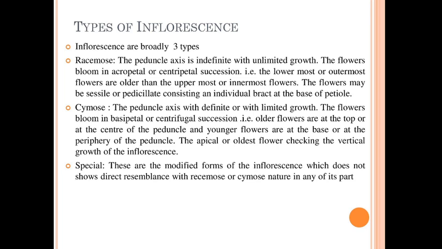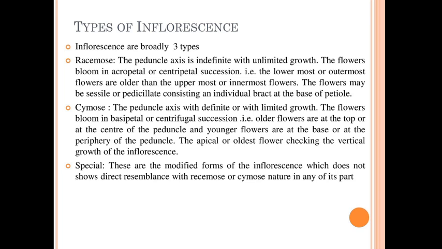Now, practically it does not have indefinite growth. What it means is that the tip of the inflorescence does not terminate into a flower. Now, in this, you have the older flowers which are present at the base, whereas the younger flowers are present at the top, what is also called as the acropetal or centripetal succession.